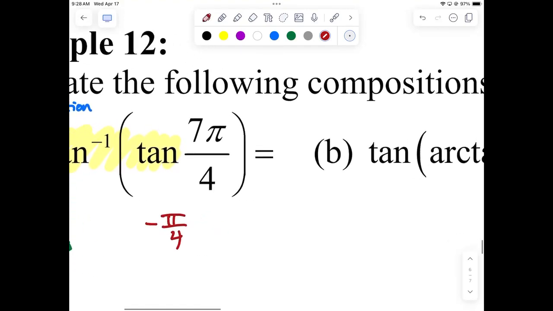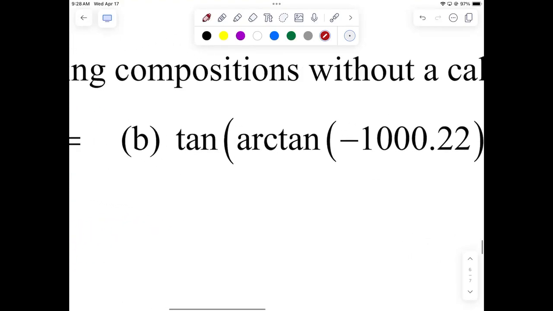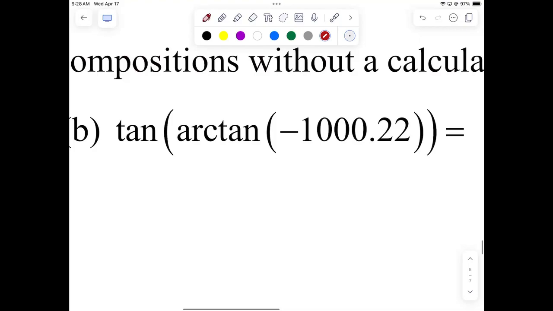Letter B. The answer is negative 1000.22. Why, Ryan? You're right, because it's a real number and it's an inverse of a ratio. It's a ratio. There, that's what I was looking for. And it's a number.